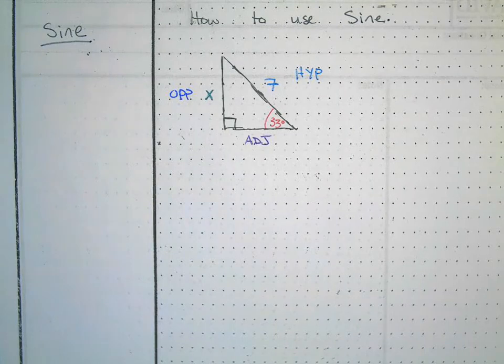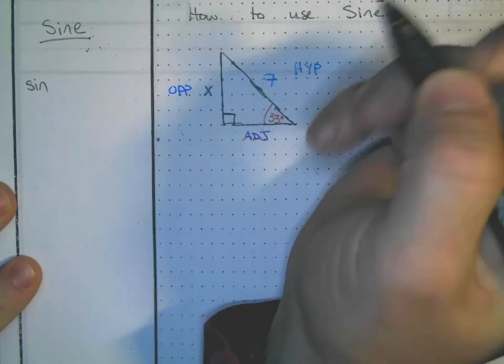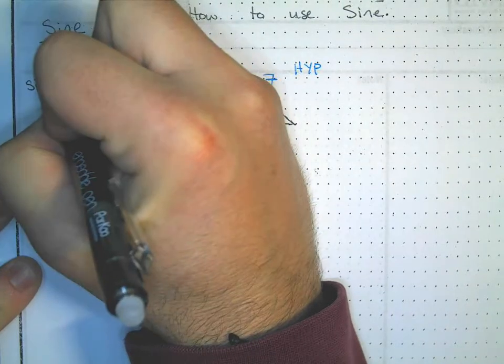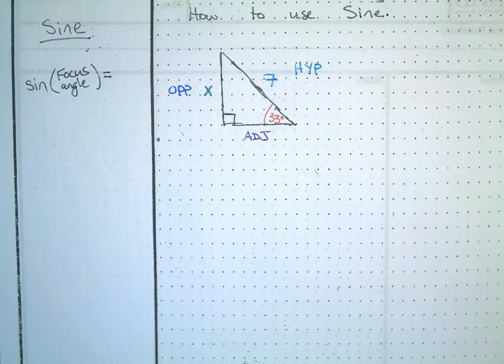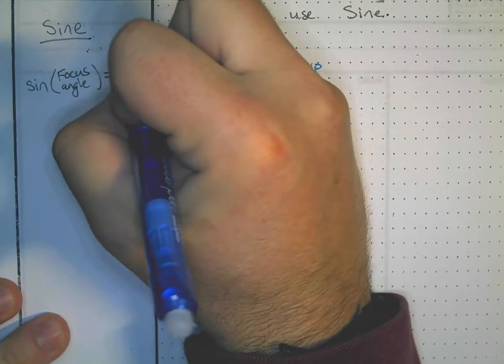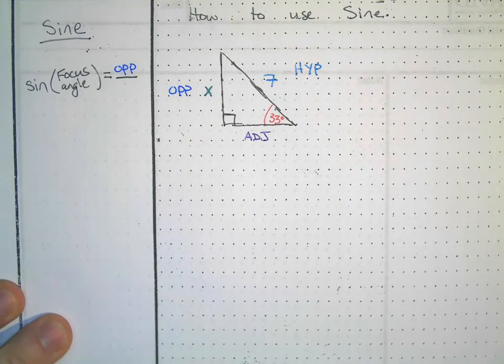So sine states that sine of my focus angle, so I'm going to put that value in here, is equal to opposite over hypotenuse.